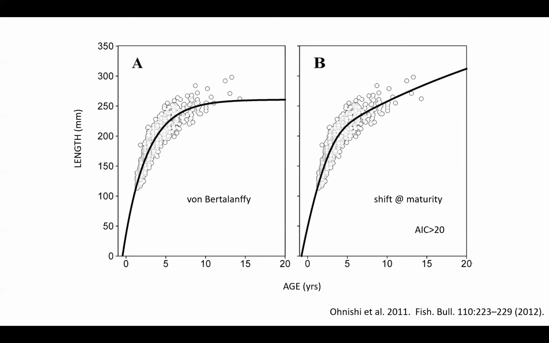So left is the standard growth rate, fitting some fish data, and right is the growth rate with competition between growth and reproduction starting at maturity. The Akaike information criterion difference of 20 gives us really a strong argument for using this competition-based model. And I think Laura had some anchovy experiments suggesting the same.